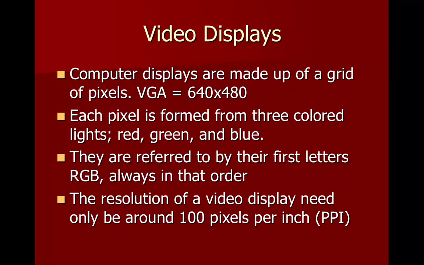And when you're talking about a video display, one of the interesting things to note is that most video displays will only be set up to display roughly 100 pixels per inch, or PPI. Actually, you can go down as low as 72, and a lot of displays are set up that way. 72 pixels per inch is all the more resolution you need on a video monitor.